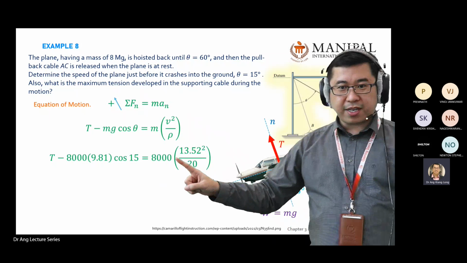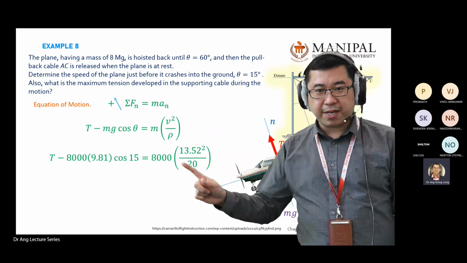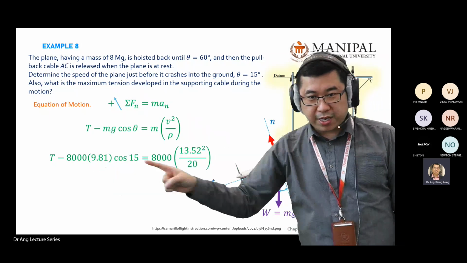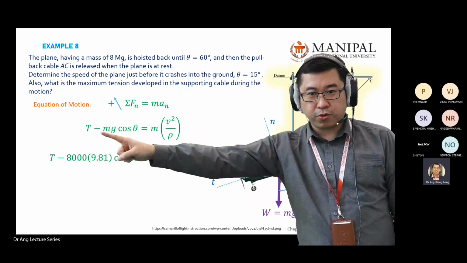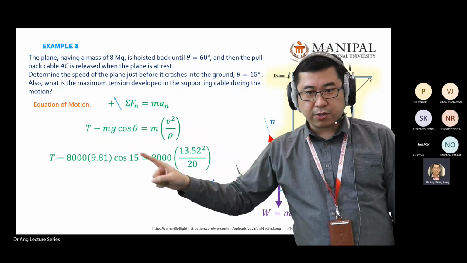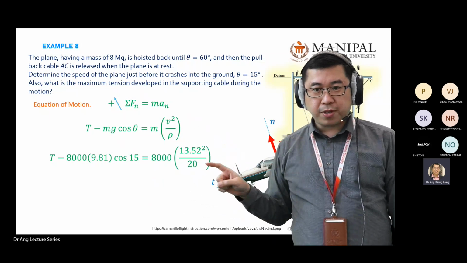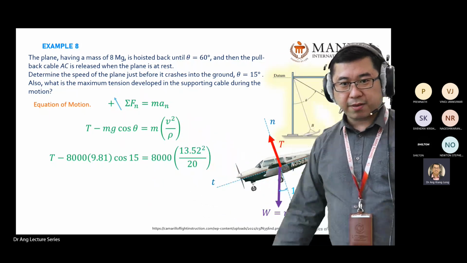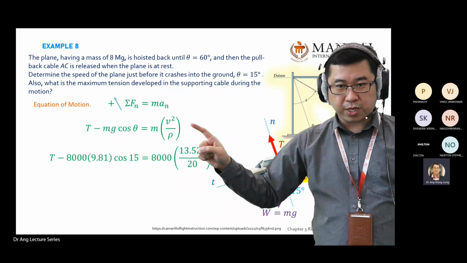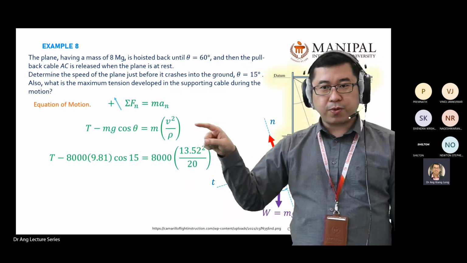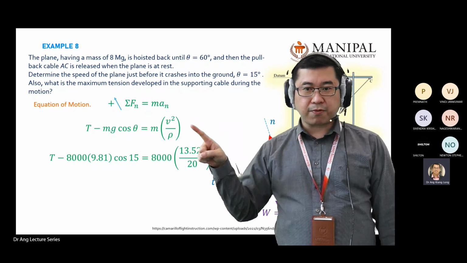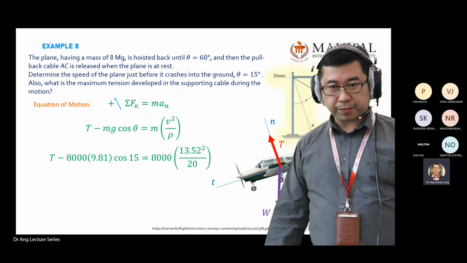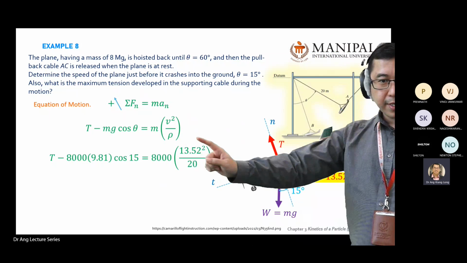Let's say this is the question in the exam. In the question you give me this answer, I will still give you marks for this one, although you don't write the equation in your answer. I will assume you know it. Based on all these numbers, I know you know this equation, so in your answer sheet I will still give you marks for the equation. There are marks for the equation.